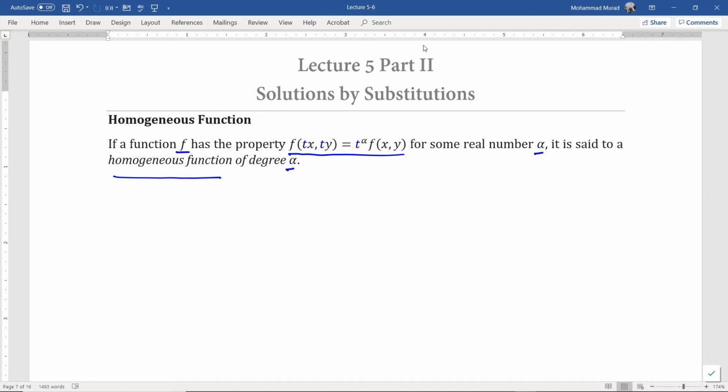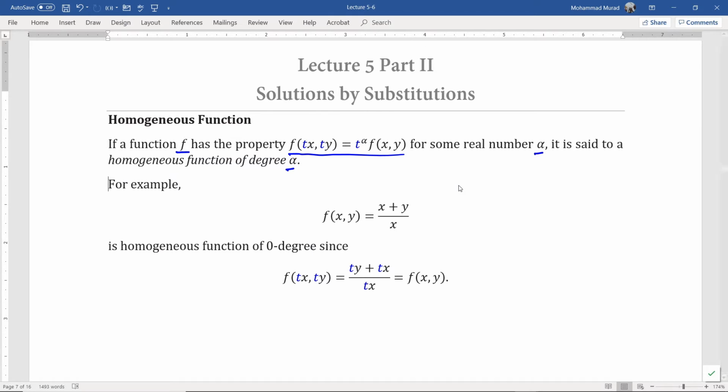So if we replace x by t times x and y by t times y, and if it is possible to factor t or the powers of t as shown in this equation, then the function f is called a homogeneous function of degree alpha.